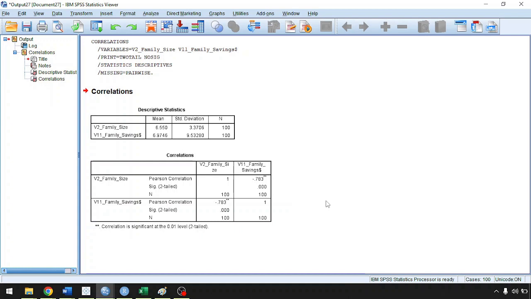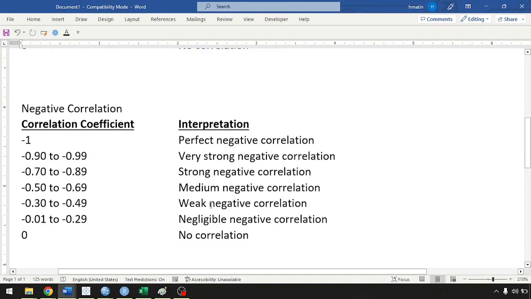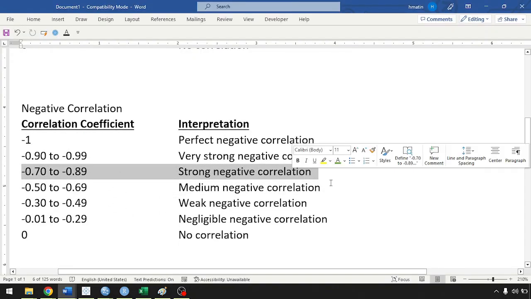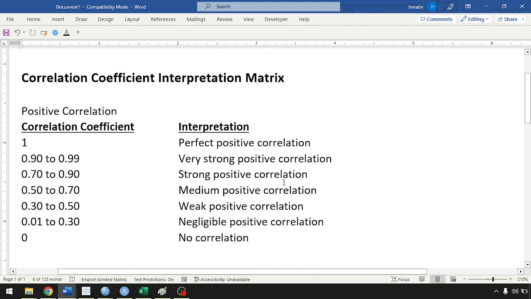So it's very good news. And since it's 0.783 and it's minus, let's go back to here. So it falls in this range and it's strong negative correlation. And about this metrics, I wrote this metrics. It's not a standard.